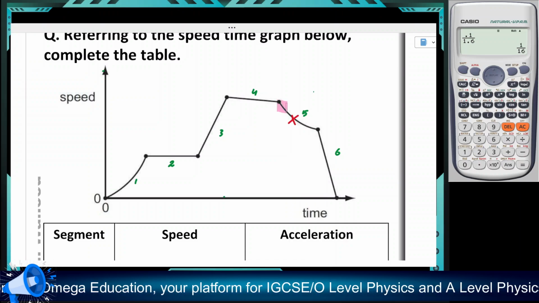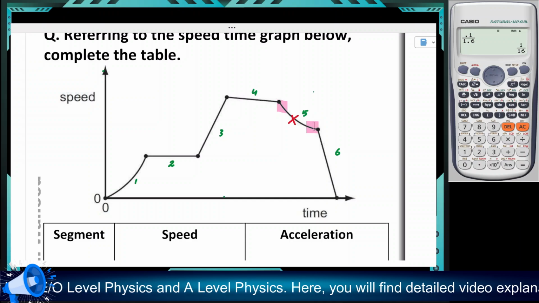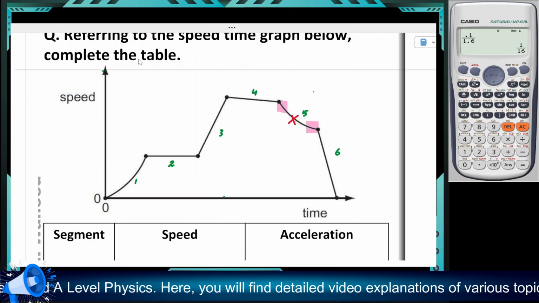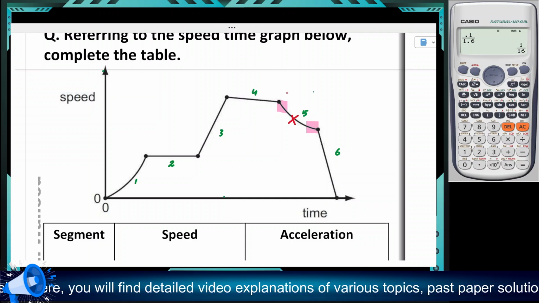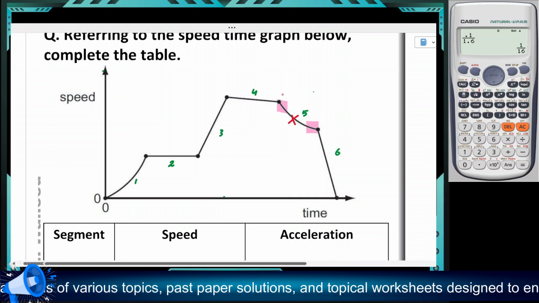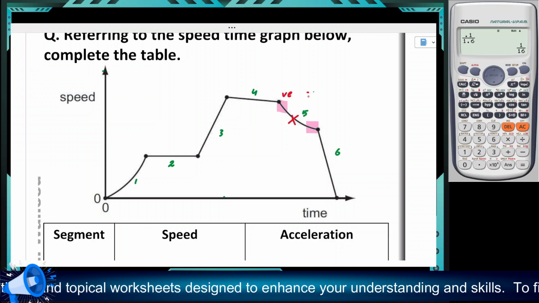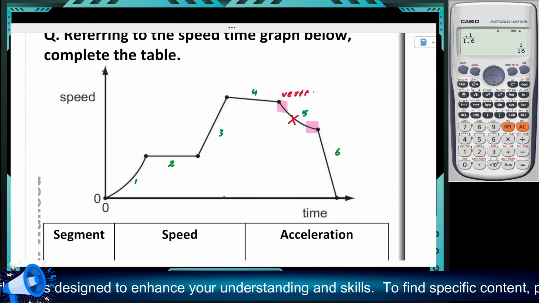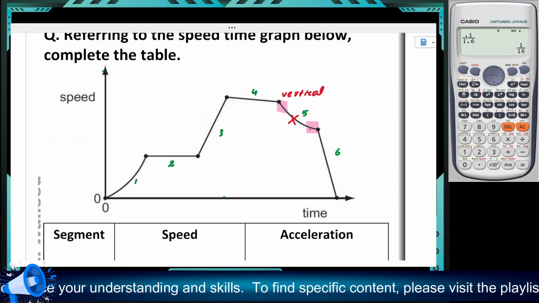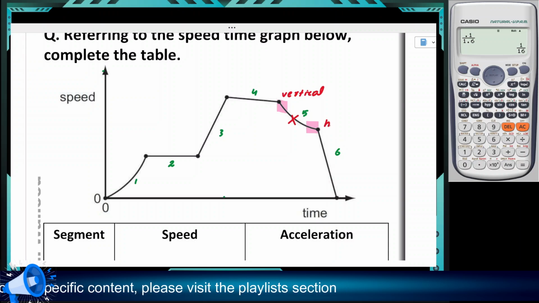Check out the steepness of the line here and compare it with the steepness of the line at the end. So what do we see? At the start of the line, or I should say curve, the line was more of a vertical. It was steeper. But as we go towards the end of the line, you see it's becoming more and more horizontal, which means it's getting less and less steep.